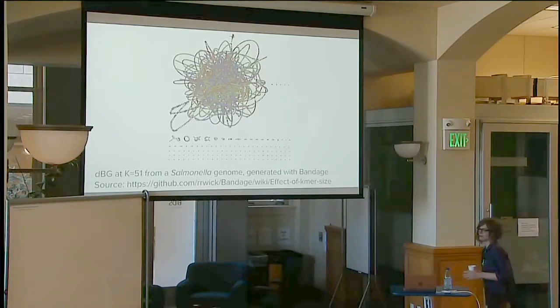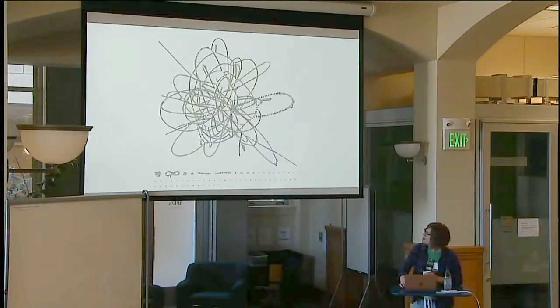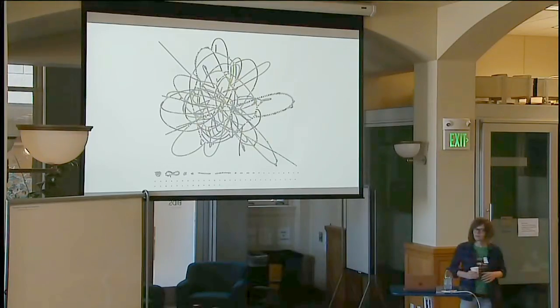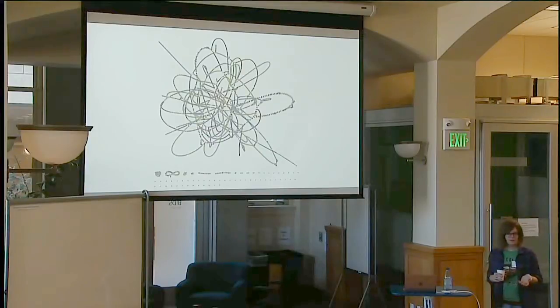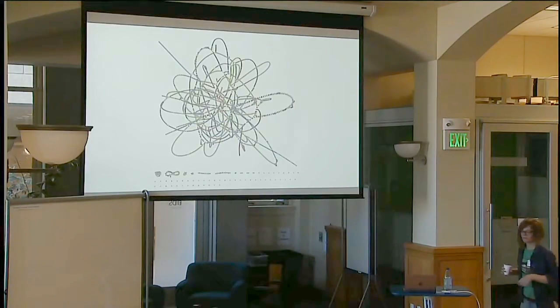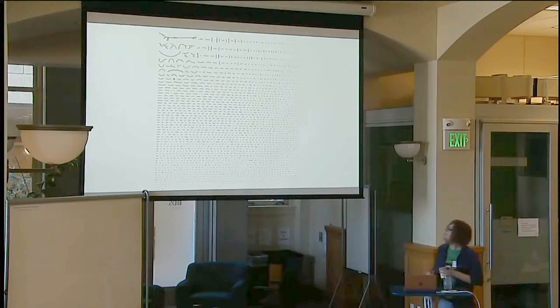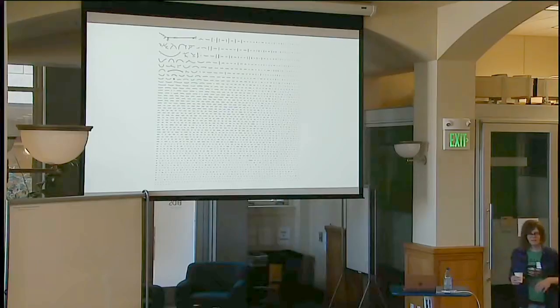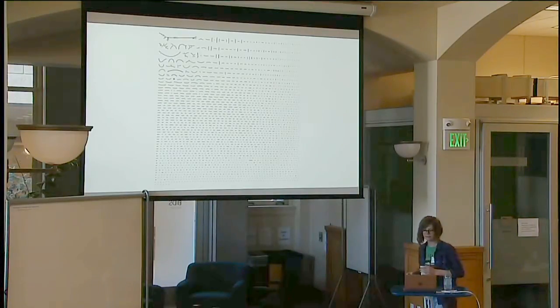So this is an example of why the k size really matters. If I kick the k size up to 61, we can see that it becomes a lot more comprehensible. And these long chains are going to directly correspond to complete sequences that we can spit out, right, and do further analysis on. Of course, if I choose k equals 91, I just completely destroy the graph because there's too many errors, and so the graph becomes super disconnected.